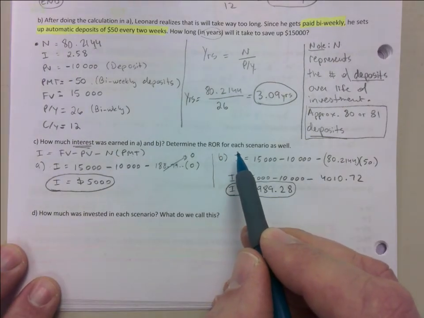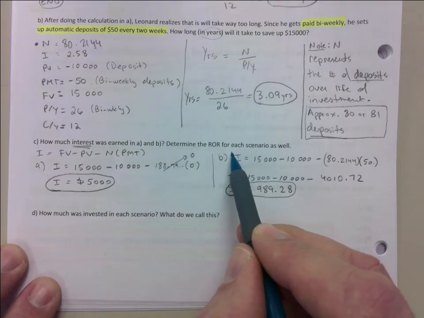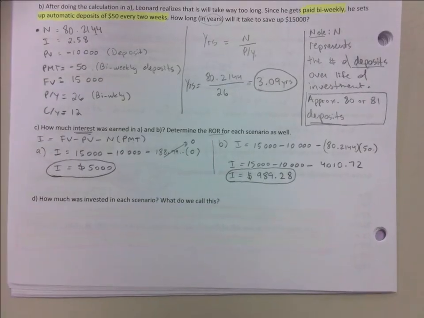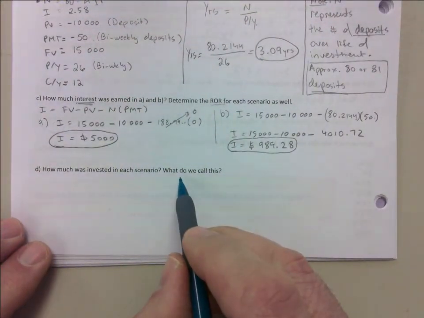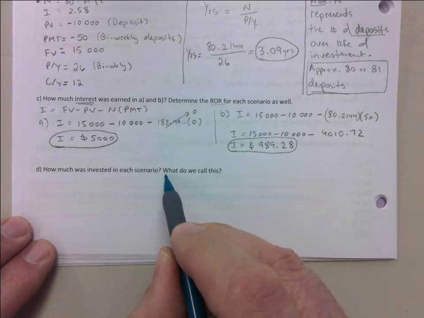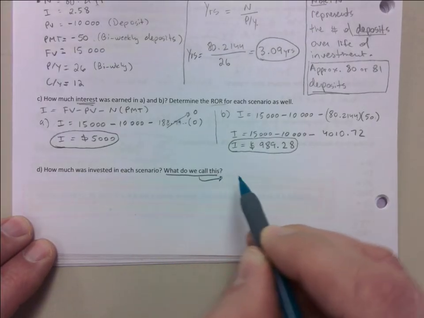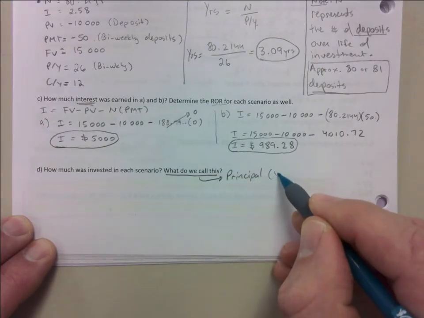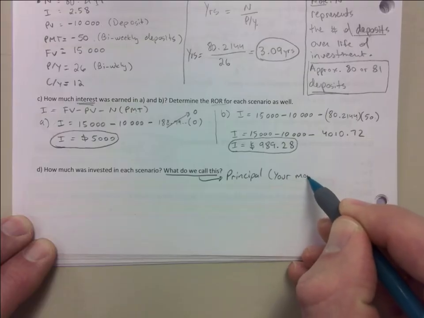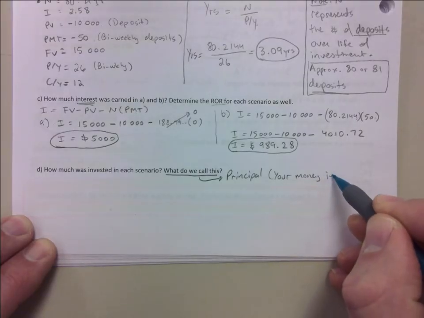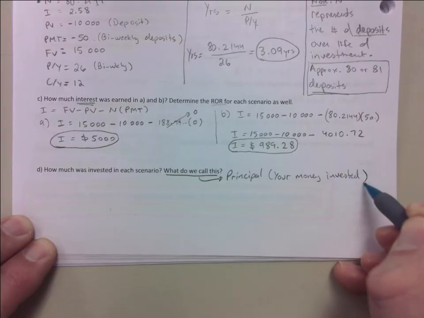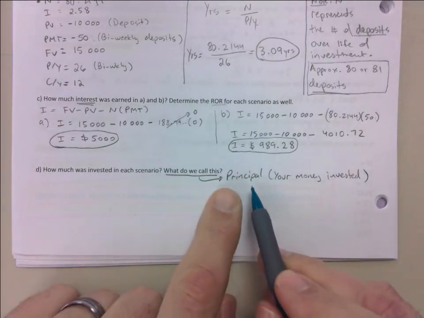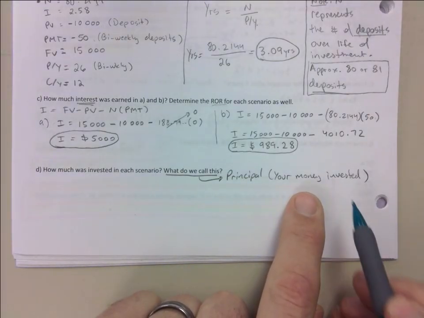I'll do the rate of return down here in this bottom one. How much was invested in each scenario? What do we call this? We call this principal. This is your money invested. When it comes to an investing situation, the principal is the money that you've put in.